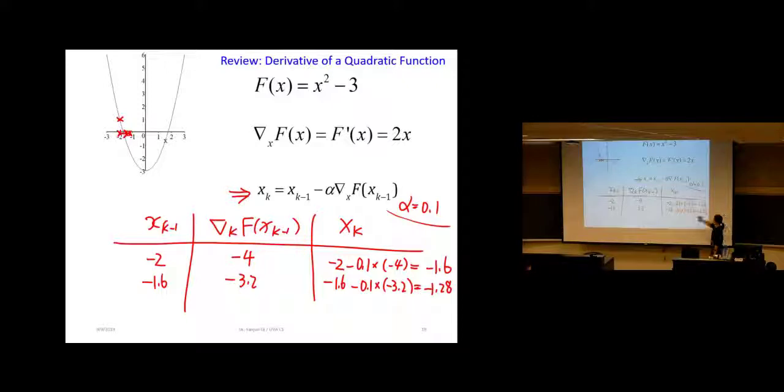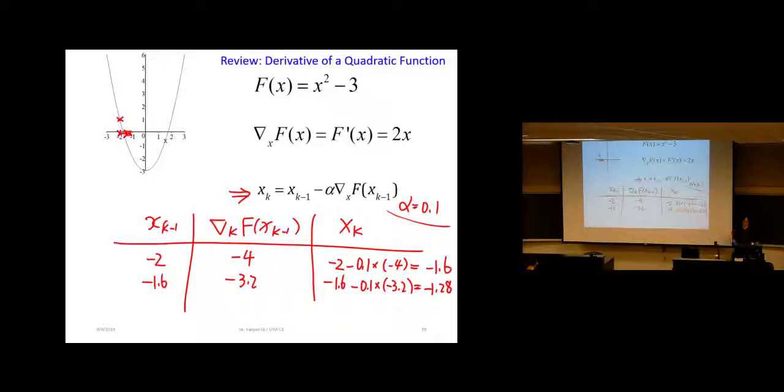I move to the right by a proportional step size, influenced by both the gradient, the slope intensity, and also the learning rate.